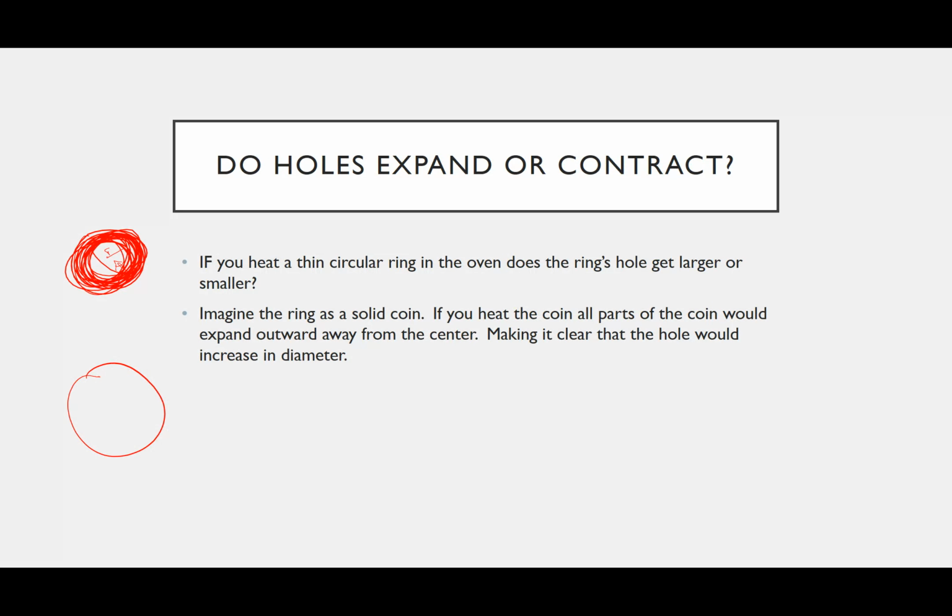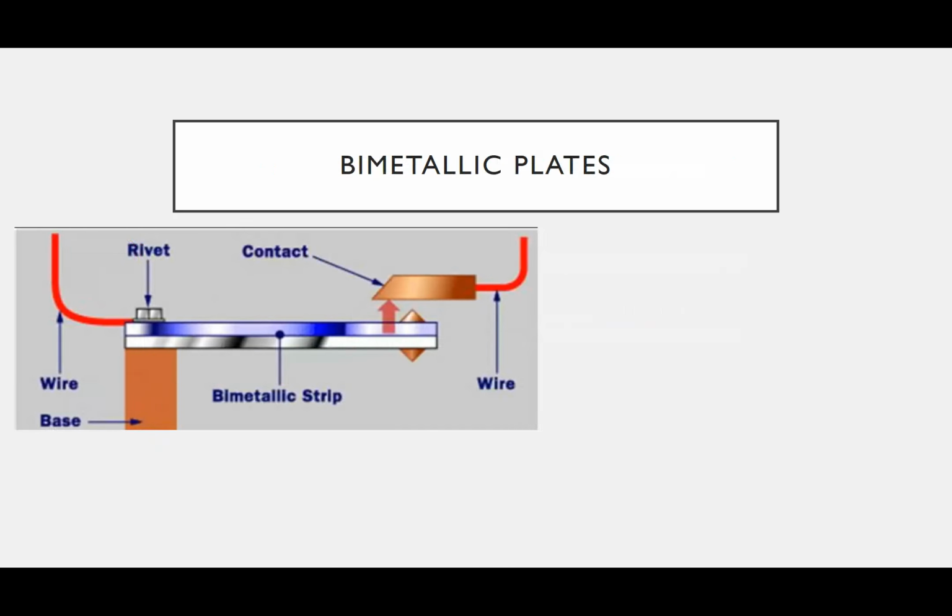If you heat the coin, all parts of the coin would expand outward, away from the center, making it clear that the hole would actually increase in diameter. This is true for all circular and spherical objects. Remember that.